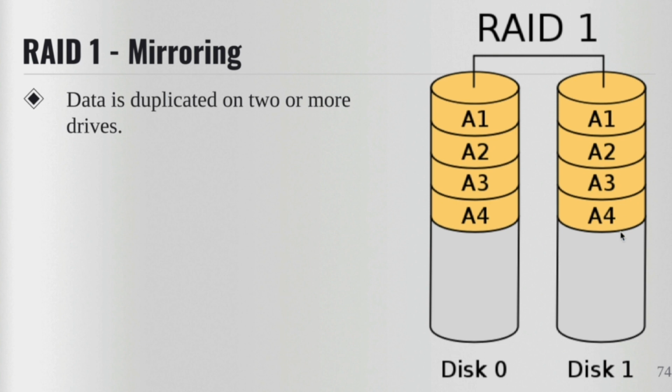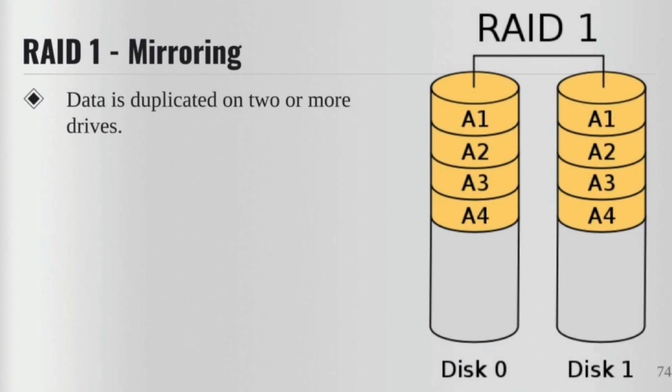So can you guess how it can help us? Well, it definitely helps us in terms of data security, as we have a backup in case one disk fails. So it offers redundancy. Redundancy means surplusness. So it offers redundancy by adding another drive as a backup. So if one of the drives fails, at least we have the second one.